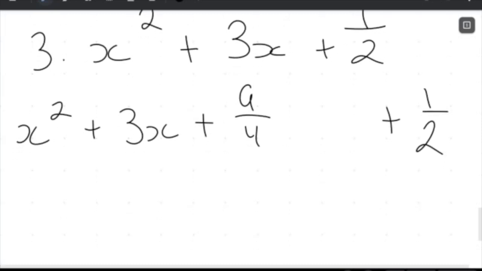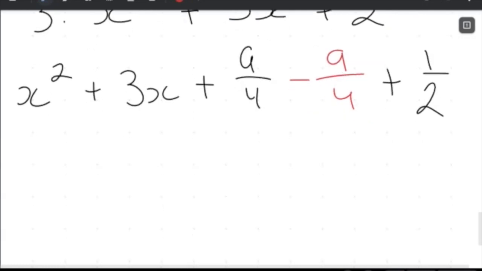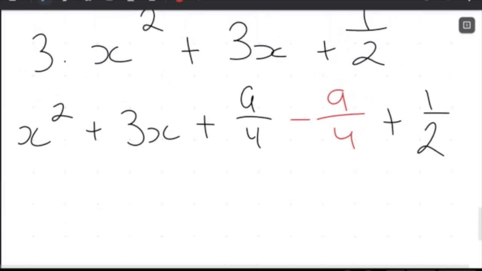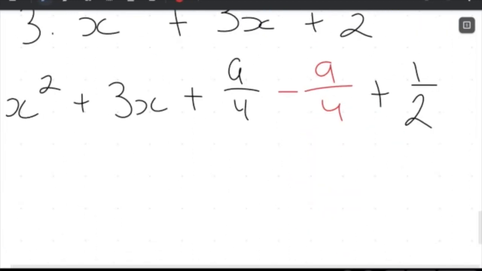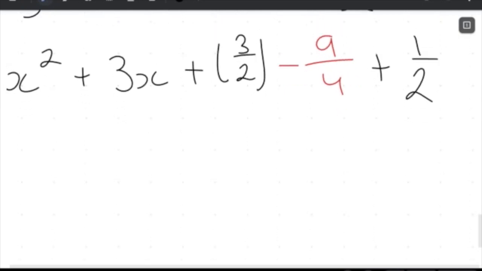Now remember, I want to subtract this value that I've added, because I can't just add this out of thin air. So what does this give me? Well, this is going to condense down to, now let's actually just leave this guy as 3 over 2. Okay.